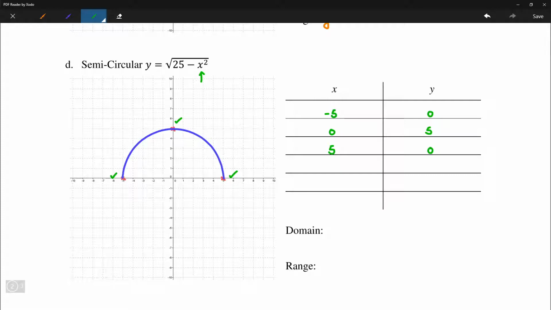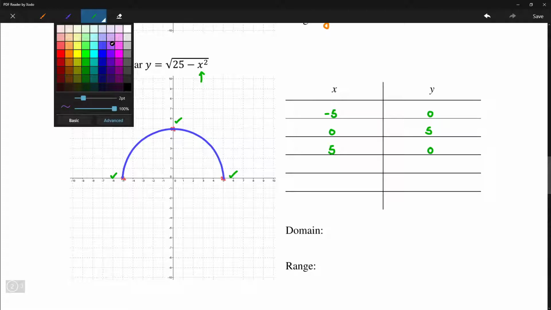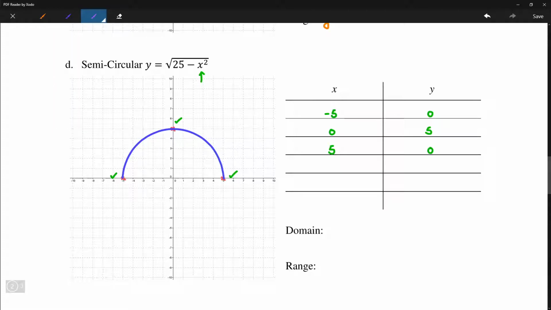Okay, so a related graph to the semicircle graph that we have here, which is a function, is x squared plus y squared equals r squared, which is something that we will look at later on in this course.